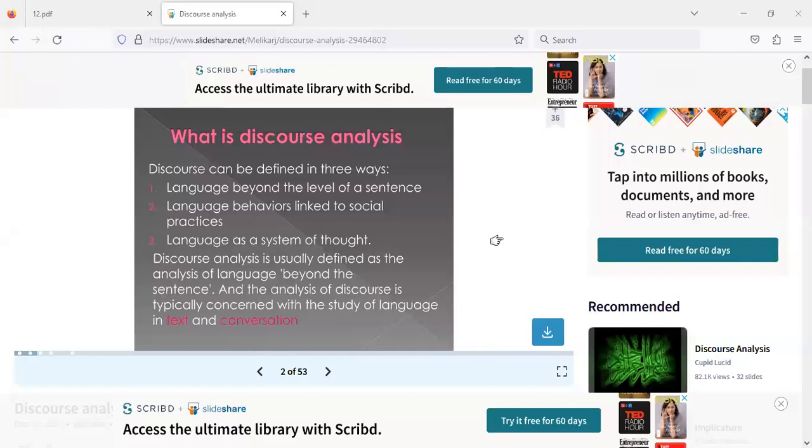Then the fifth layer is pragmatics, which means the use of the language, the practical side. There we come across our subject, discourse analysis.